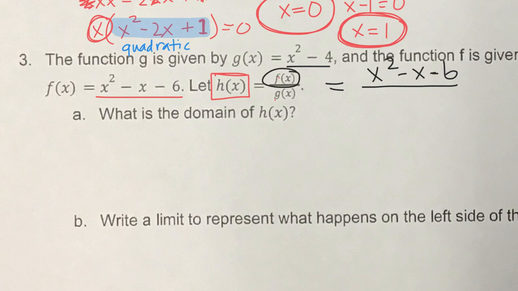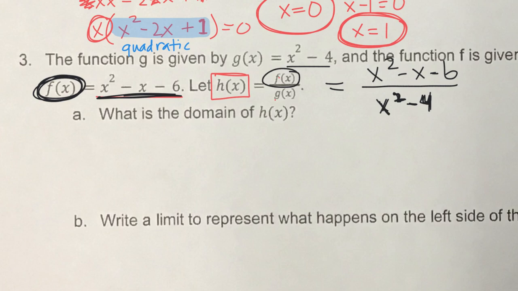That's our f equation. So where we see f, let's write down its actual equation. And then the g equation is x squared minus 4. Okay, so this is our rational equation written as a rational rather than as just function notation, right? This is function notation. This is our actual equation.